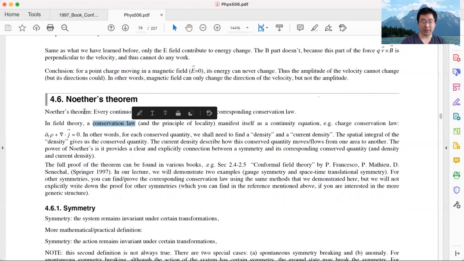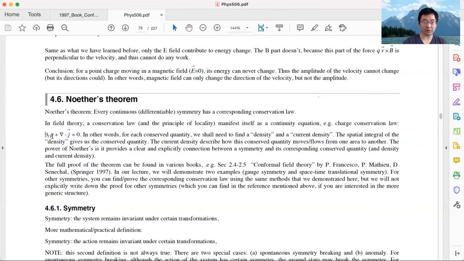But in field theory, as we discussed earlier on, the conservation law should be combined with the principle of locality. If we combine the conservation law and the principle of locality together, we get a continuity equation. So in field theory, the conservation law typically appears in the form of a continuity equation.